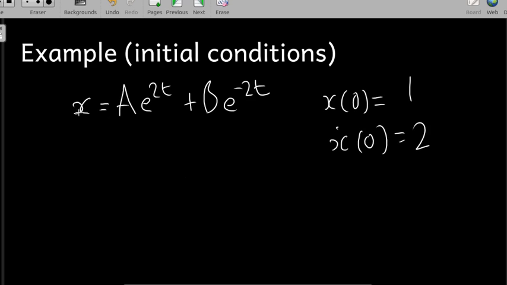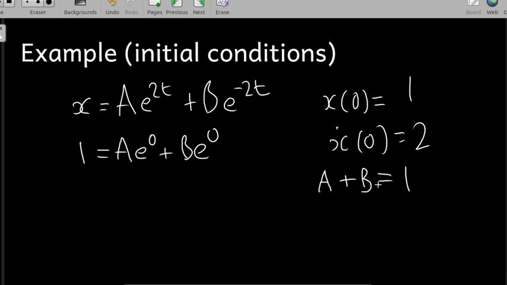So to use the condition x of 0 equals 1, we replace x with 1 and t with 0 in this equation. So we get 1 equals a e to the 0 plus b e to the 0. E to the 0 is just 1. So this gives us the equation a plus b equals 1.